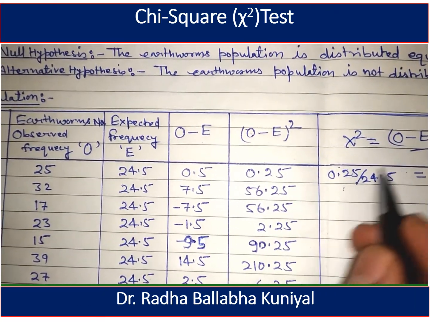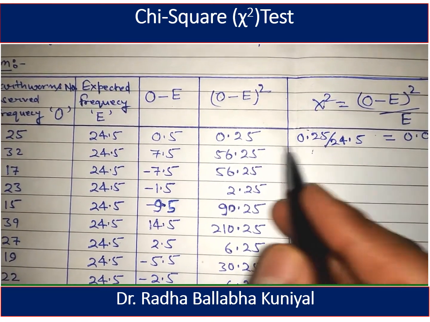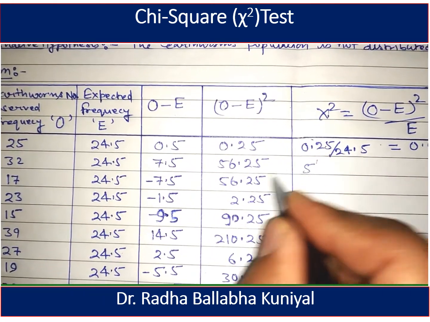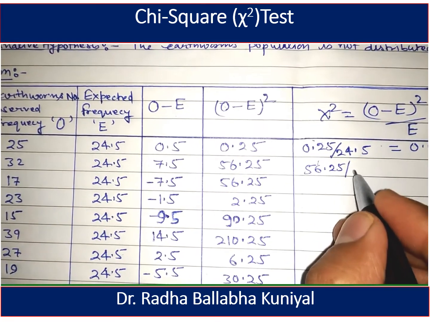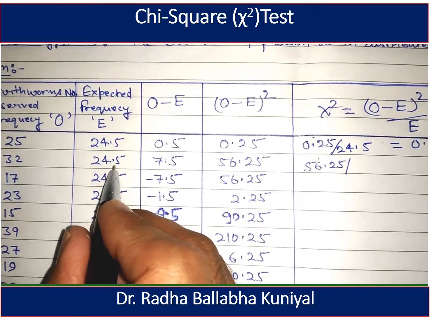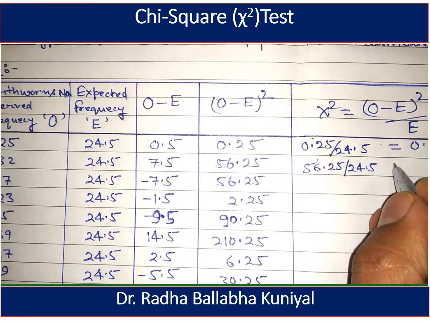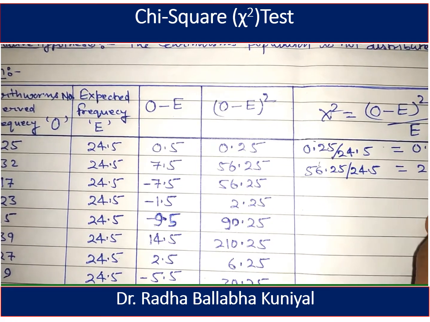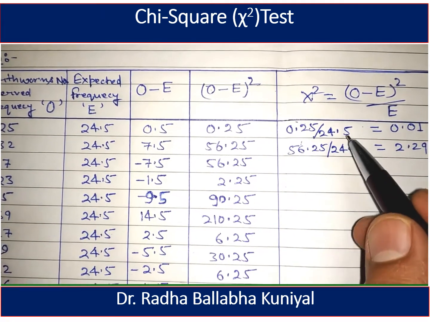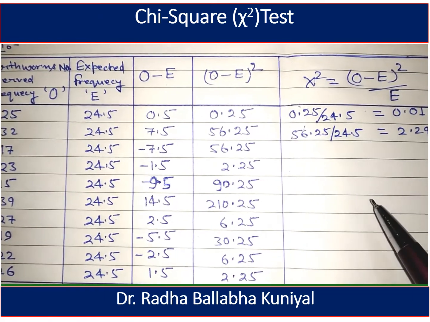Here the whole square of O minus E is 56.25 divided by E, the expected frequency, which is again 24.5, and by solving this we will get 2.29, and likewise we will calculate the chi-square value for each plot.